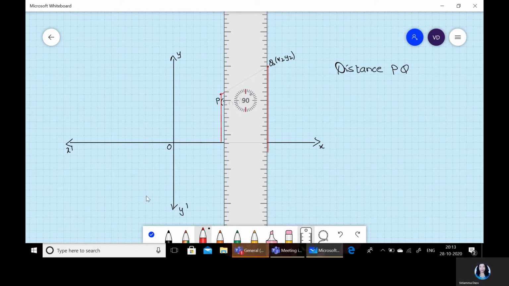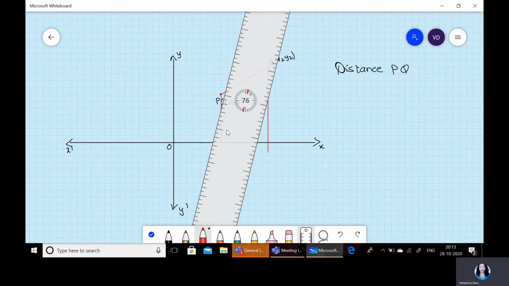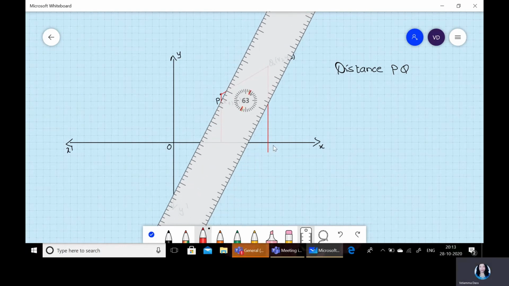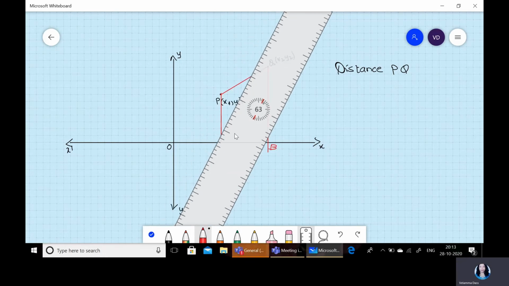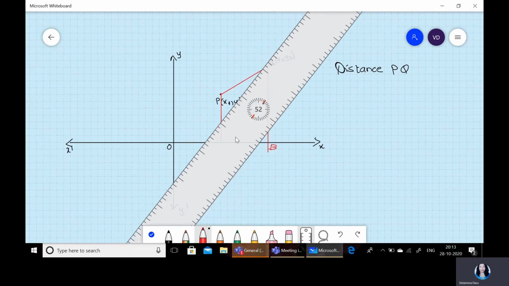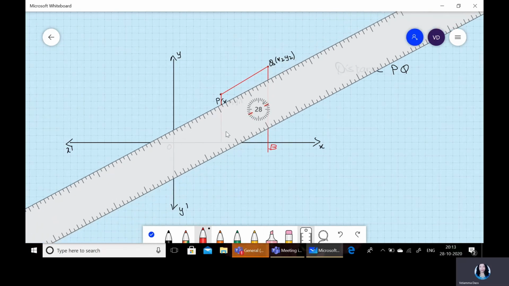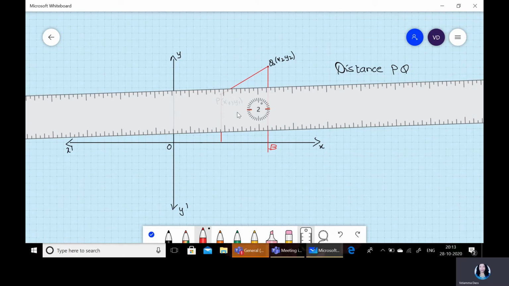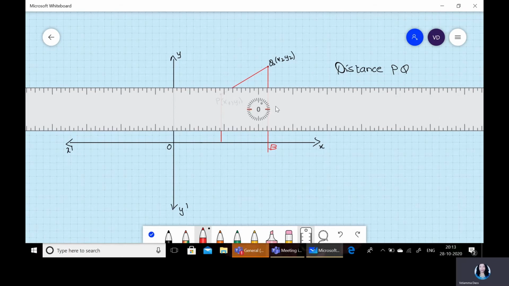Then we are also drawing a perpendicular from the point P. Let's name this point B. I'm drawing a line PM perpendicular to QB. So from P we're drawing a perpendicular. This is the construction. Let's understand.